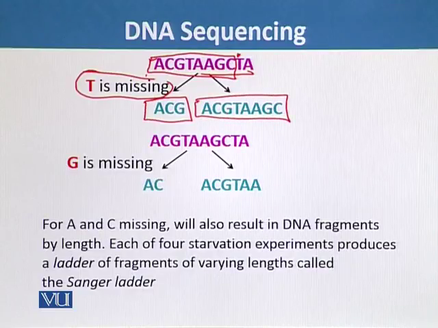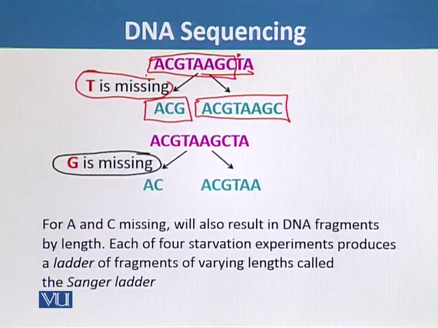Another example is the same nucleotide fragment, where what we limit is guanine, that is, guanine is missing. If guanine is missing, then whenever there is a guanine in the fragment, the process will be terminated before the guanine, and two fragments are obtained.